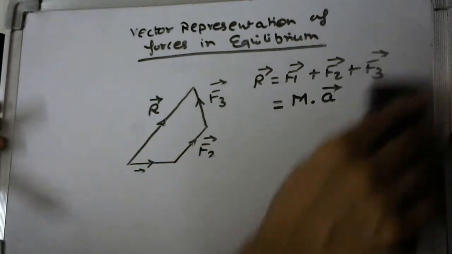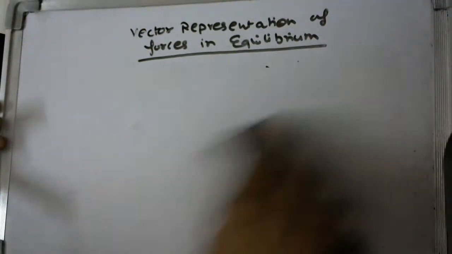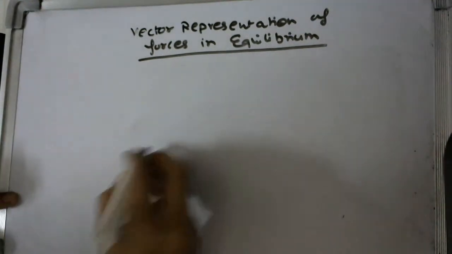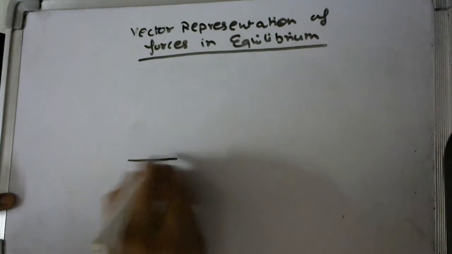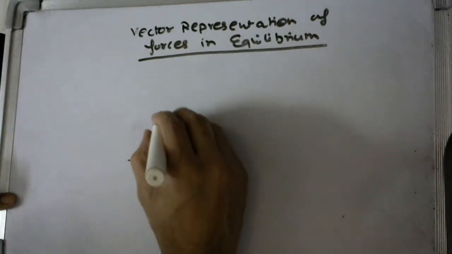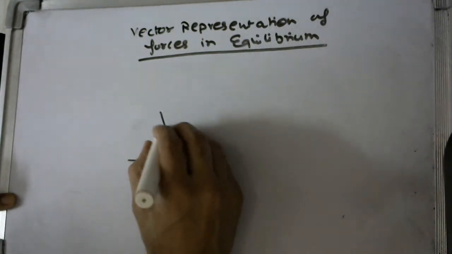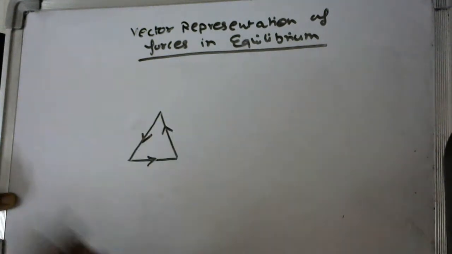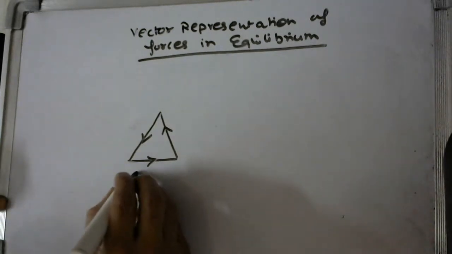Now, if we wish these forces to be in equilibrium, then they must act in such a manner that we are able to obtain a closed polygon.